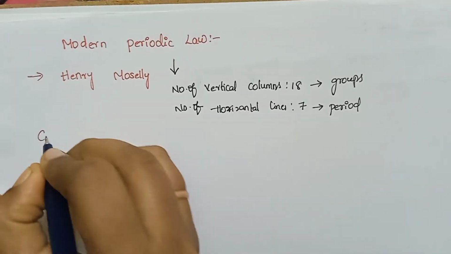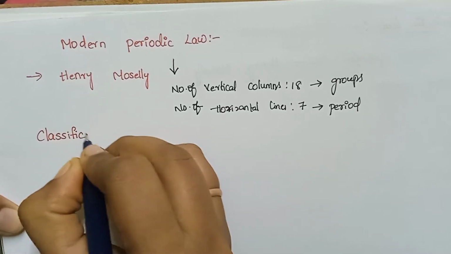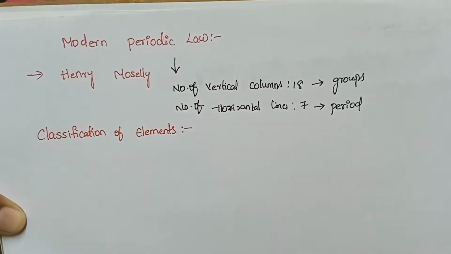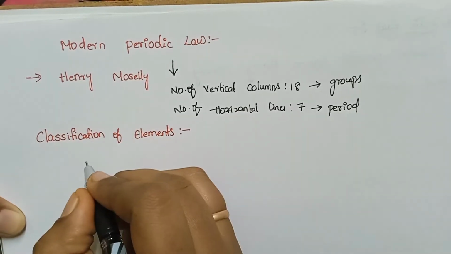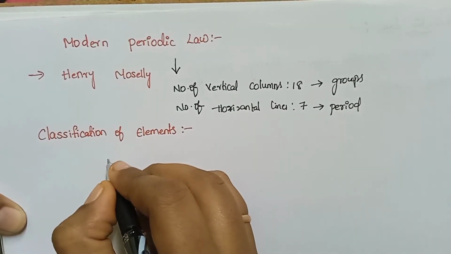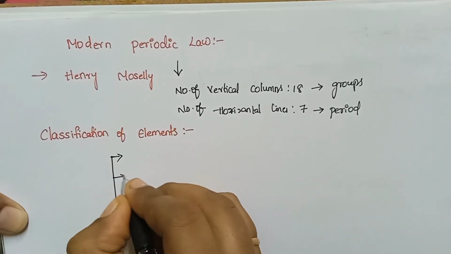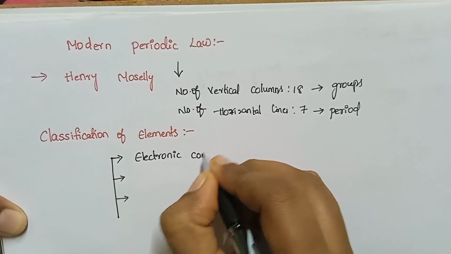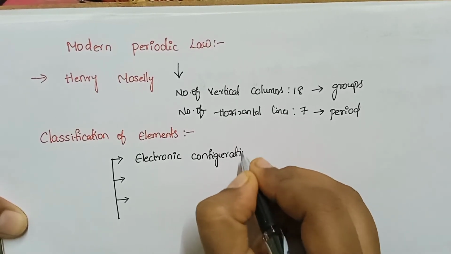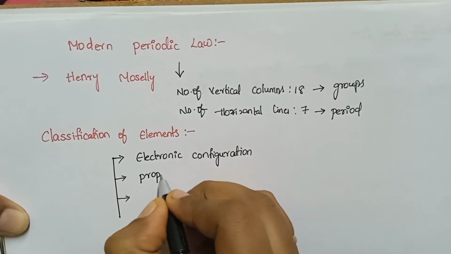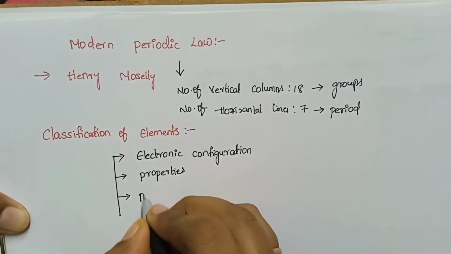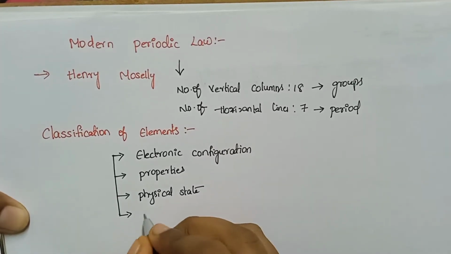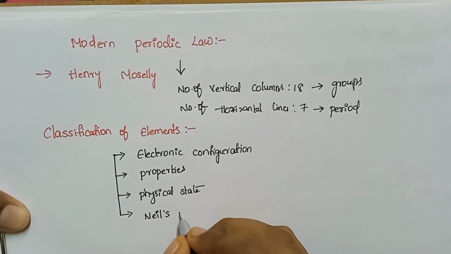Classification of elements based on electronic configuration, properties, physical state, and the last one Niels Bohr.